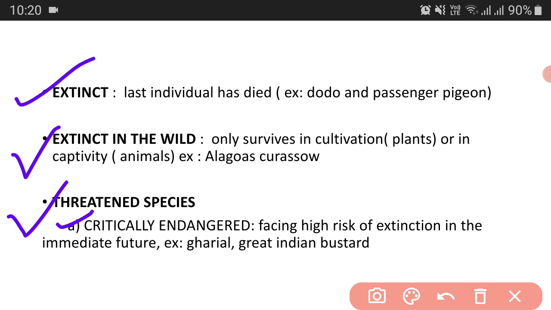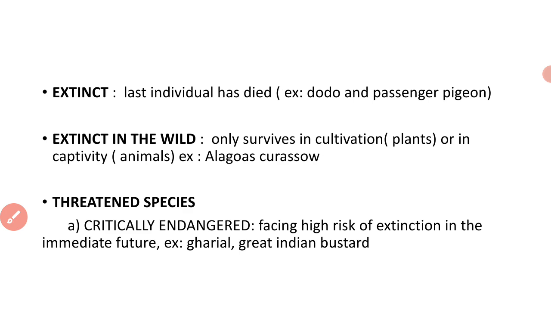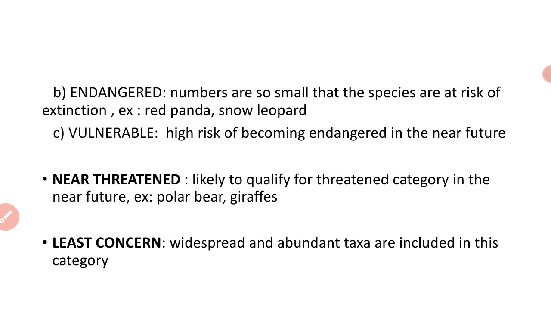Also, we want to know how the classification under the threatened species is done. As you can see, threatened species are classified into three categories. First is critically endangered, second one is endangered, and third one is vulnerable.